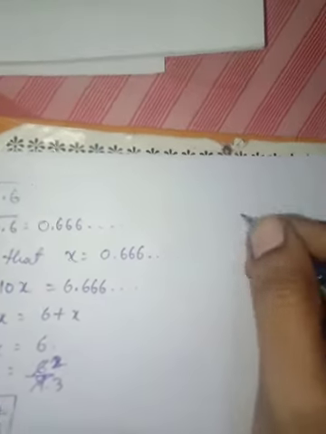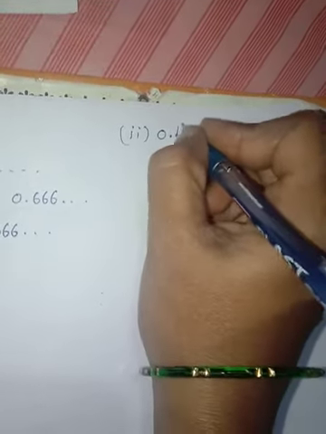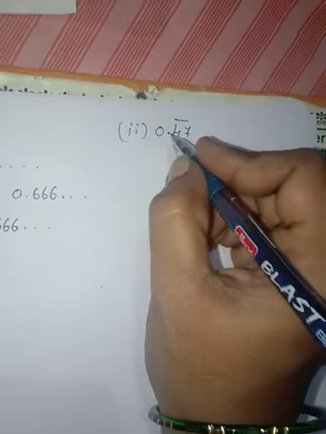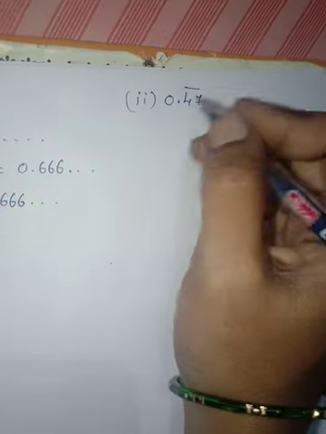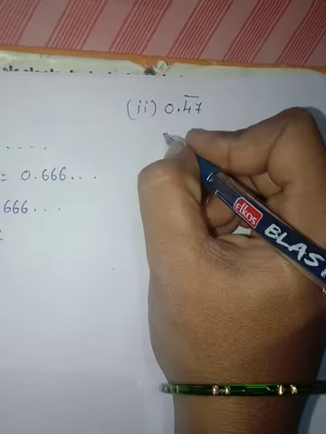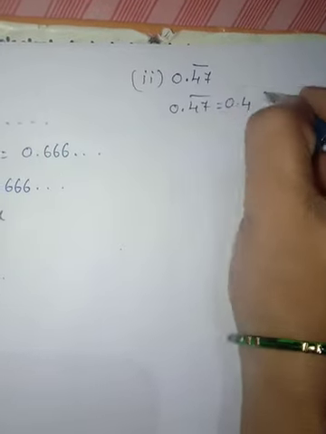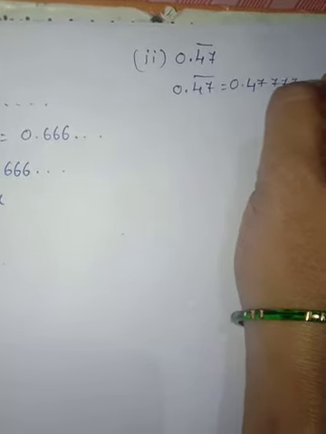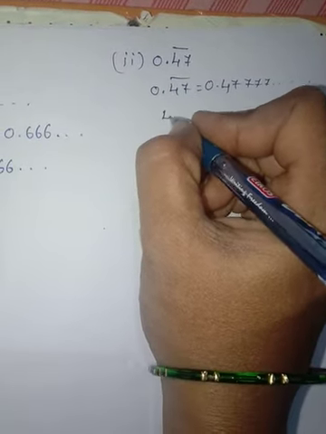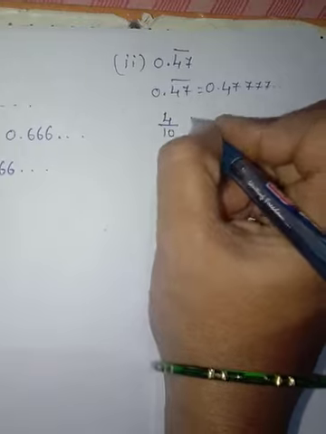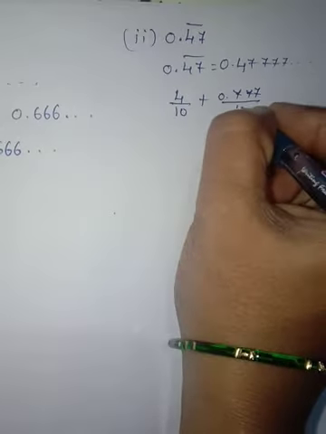And then the second one I will show you, 0.47 recurring. That means it goes on, the 7777 is going to be repeated, and then 0.47 is equal to 0.477777, like this. Okay, this one I can write as 4 by 10 plus 0.777 by 10.